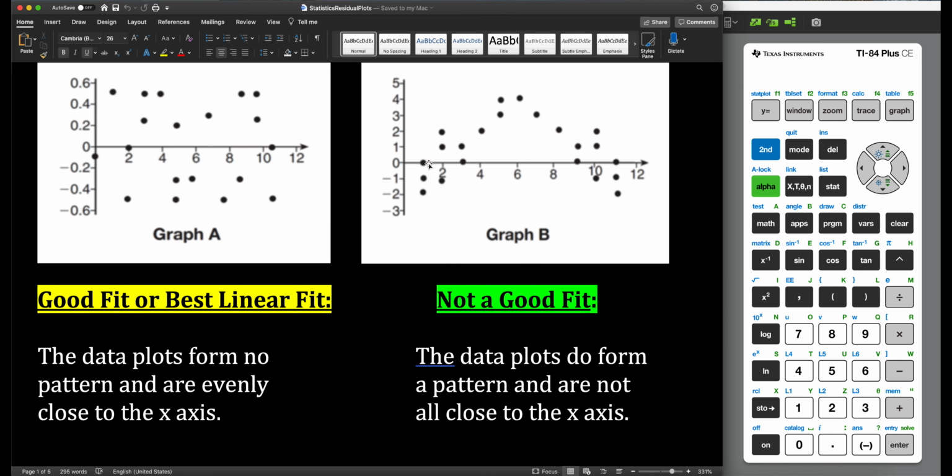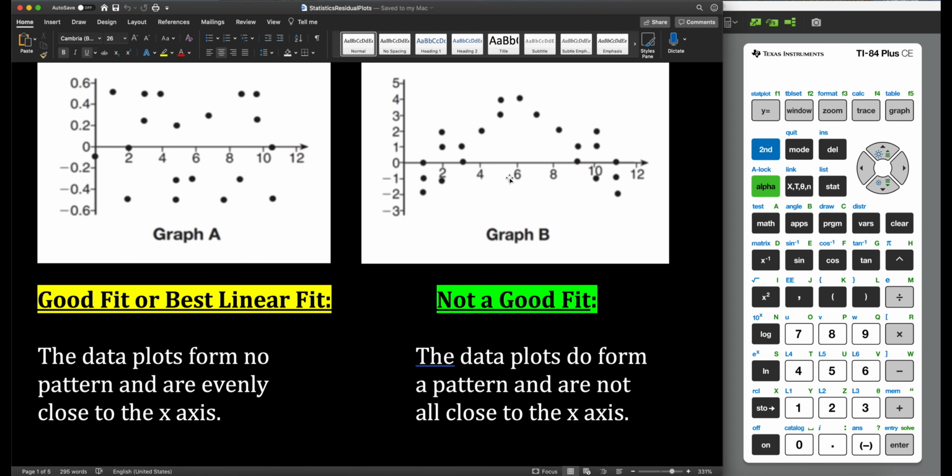A few of these plots right here are close, but then when you get to here, these plots are far away. And then they get close again over here. So that's what not a good fit looks like. It forms a pattern, and not all the plots are close to the x-axis, which is evident here in graph B.